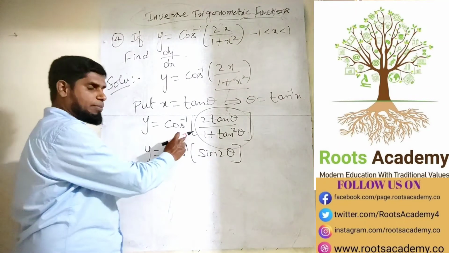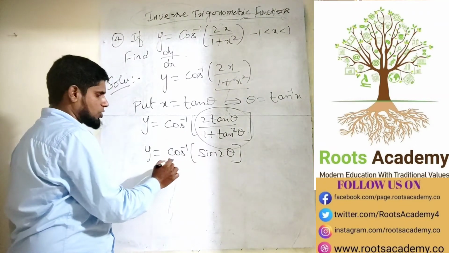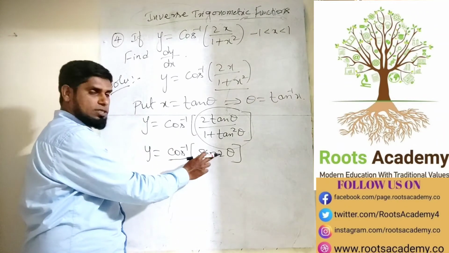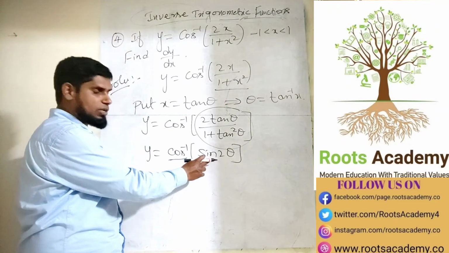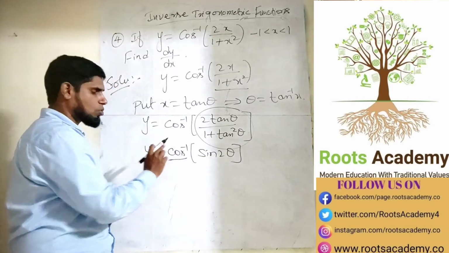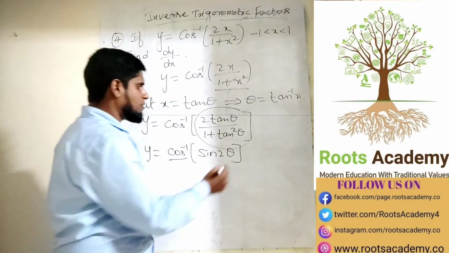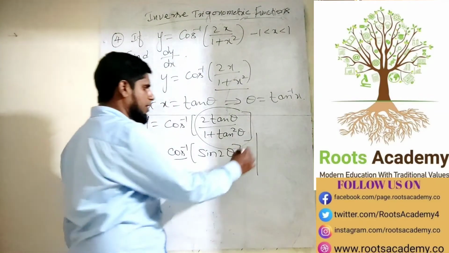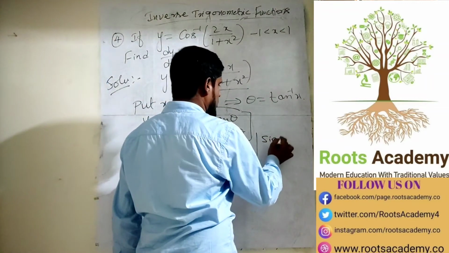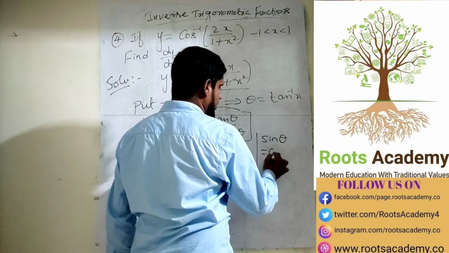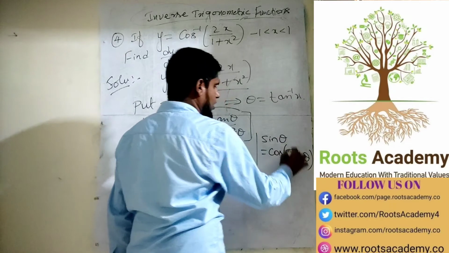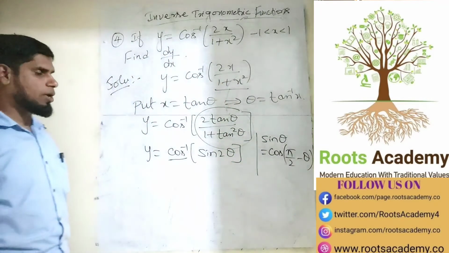Now, as we discussed in the previous problem, we should cancel this inverse function, but we have sine here. So somehow we should convert this sine to cos. For that, again we will use allied angles, and in the first quadrant, sin theta can be written as cos of (90 minus theta).